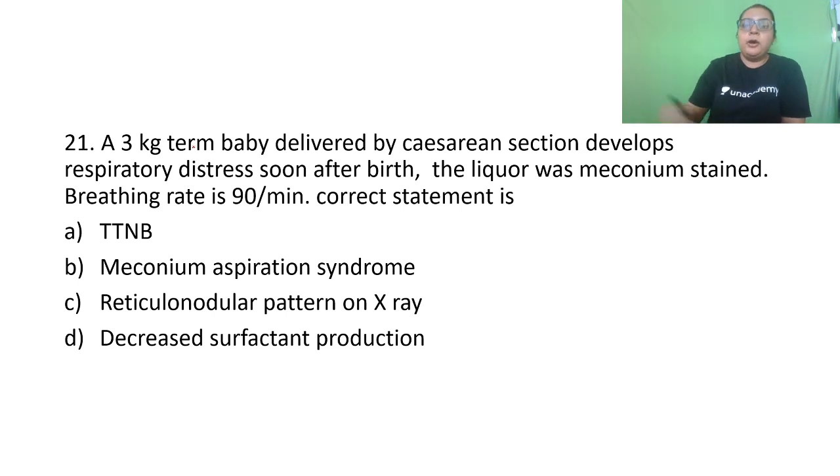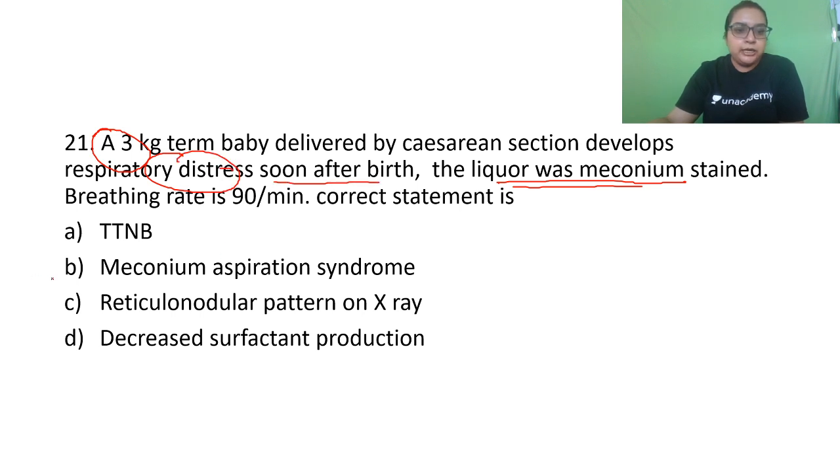See, the thing about such clinical based questions is you need to pick up the small points also. The liquor was meconium stained. A 3 kg baby. C-section. Respiratory distress soon after birth. That goes in favor of B. Most of you will be tempted to mark A, as most of you have already marked A as the answer.